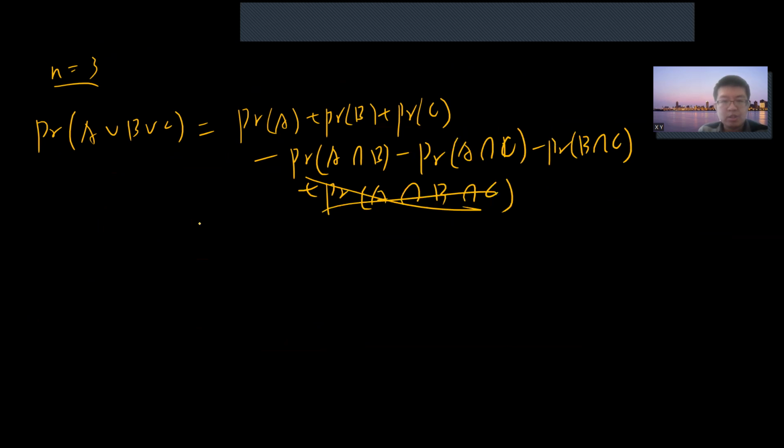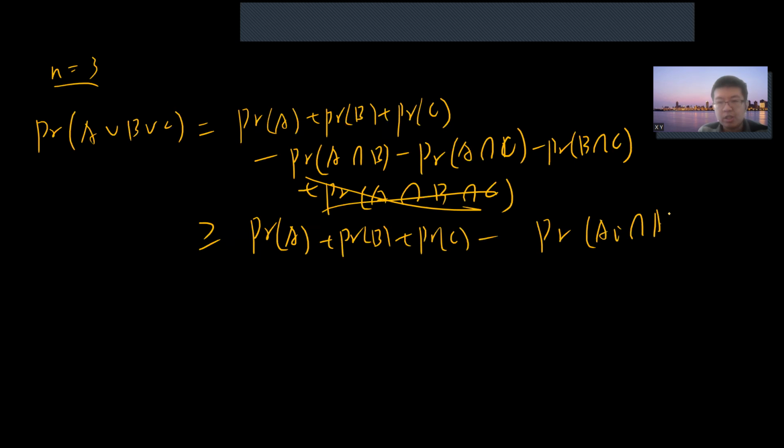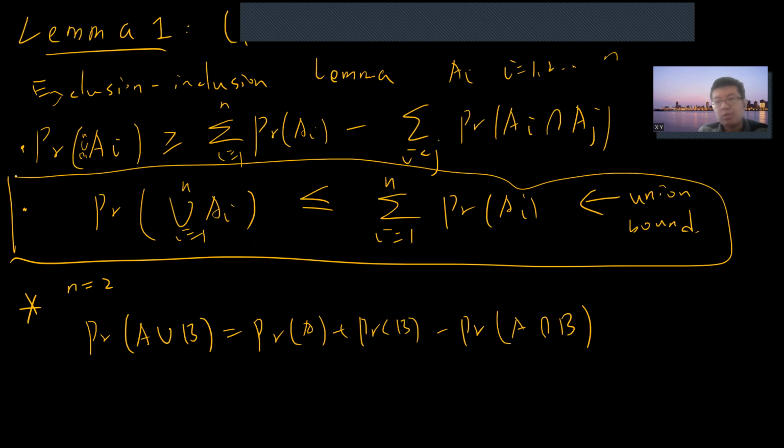If you neglect this, then you get greater or equal to the probability of A, B, C, and the sum of the probability of A_i intersection A_j, i, j from 1 to 3. So we know that this is true for n equals 2 and n equals 3.